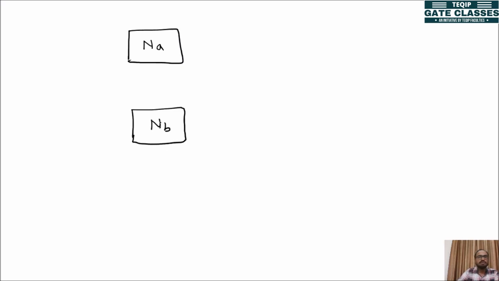See, what is the meaning of series interconnection of networks? See here, suppose this is network A and this is network B. These are two-port networks. Okay, so we have to make 2 ports. Here are 2 ports like this.